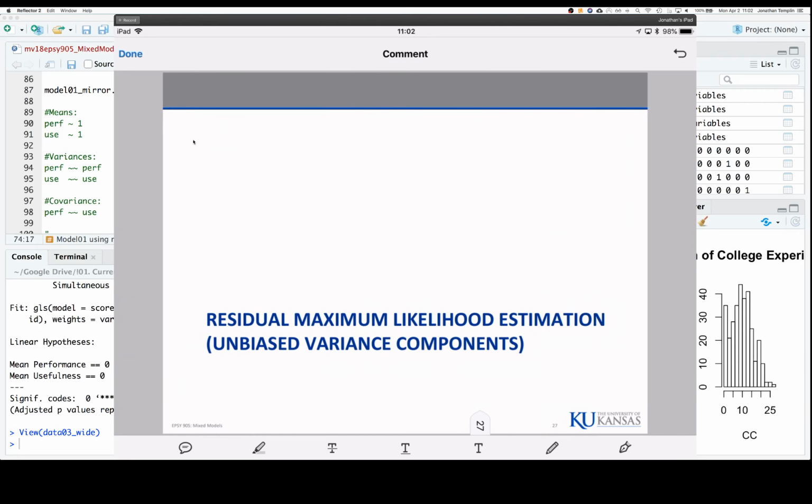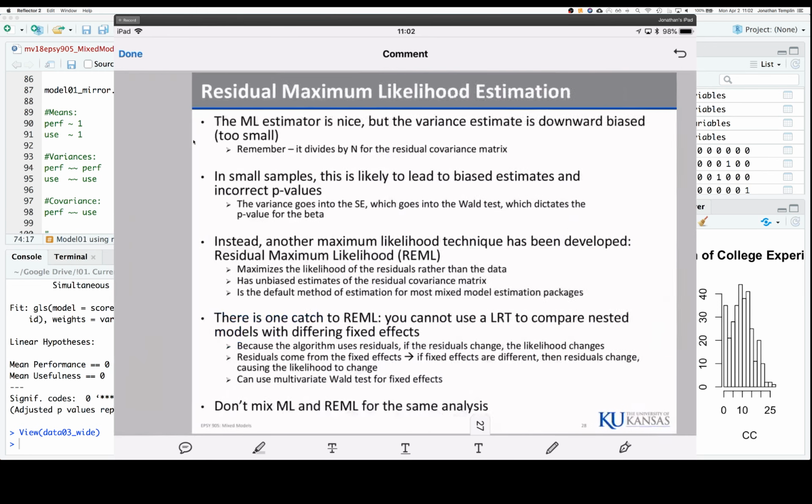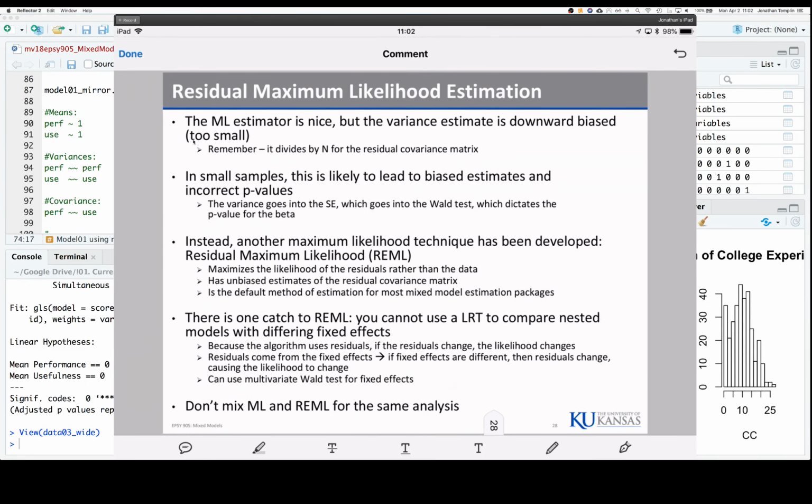So let's talk about REML for just a moment. The use of REML, again, is the thing that motivates using a mixed model package rather than a structural equation modeling or path model package. And the reason for that is the ML estimator that we use in structural equation modeling or path analysis, in this case Lavaan, often gives us variance estimates that are biased in the downward direction, meaning they're too small.